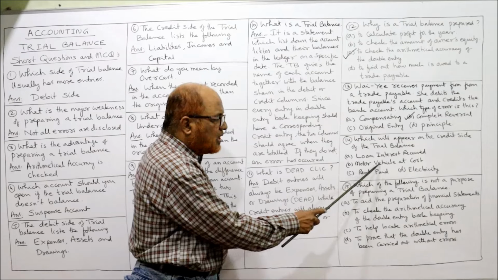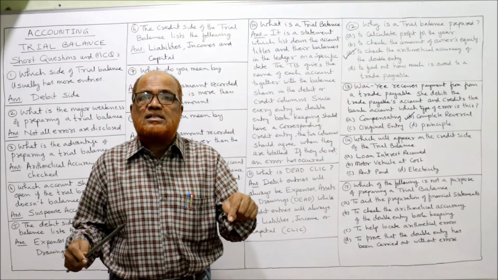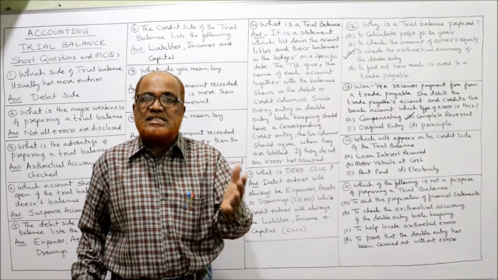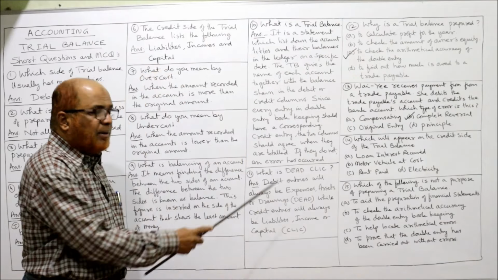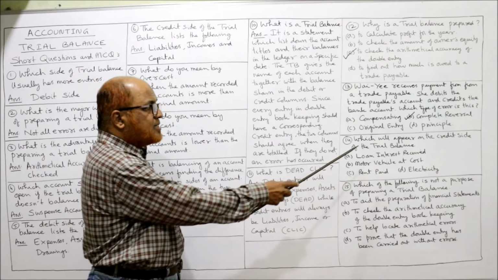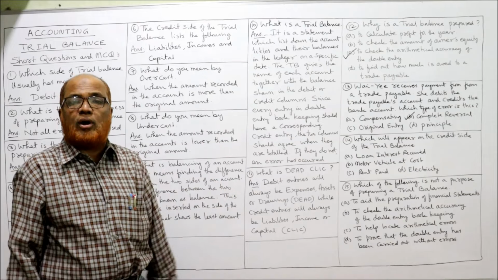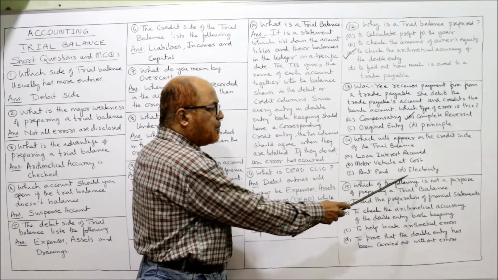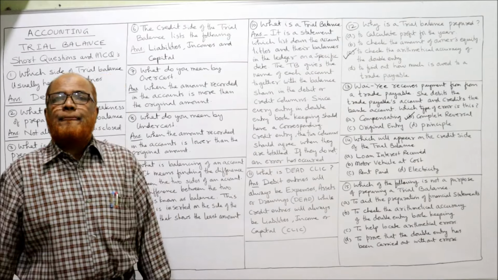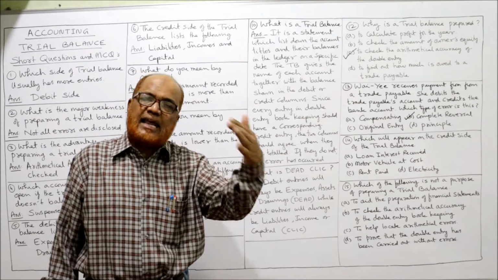Second, B answer, motor vehicle at cost. Motor vehicle is an asset, and an asset will be debited. It is asking which item will be taken on the credit column, so this is not the answer. Rent paid, electricity bill. Rent paid is an expense. Electricity bill is an expense.